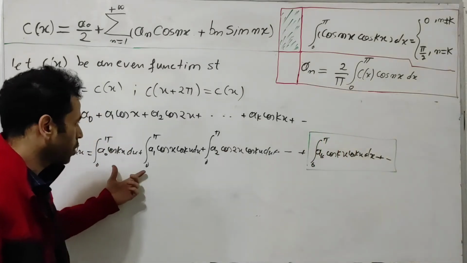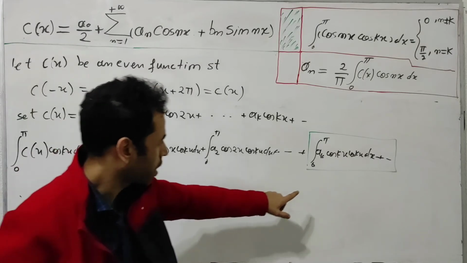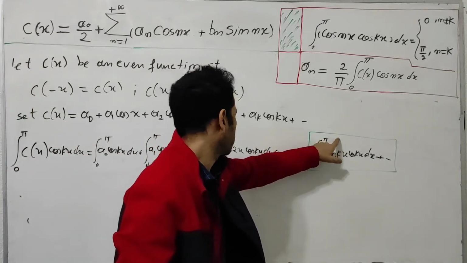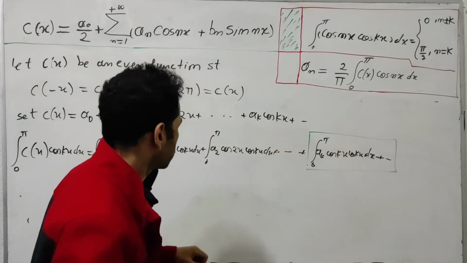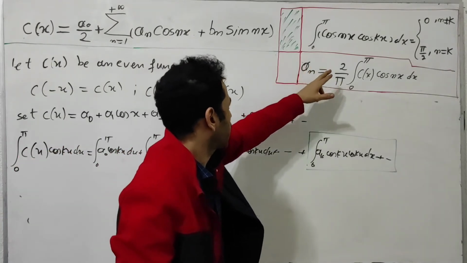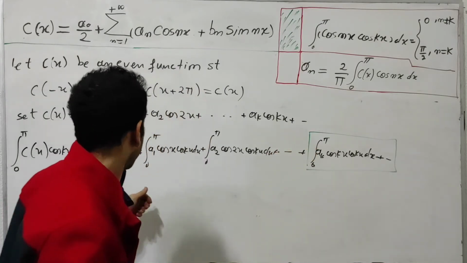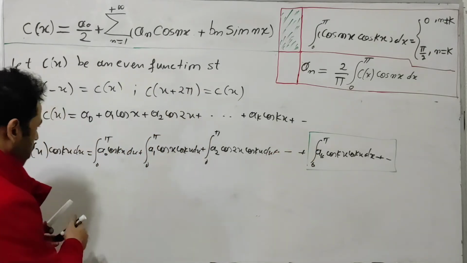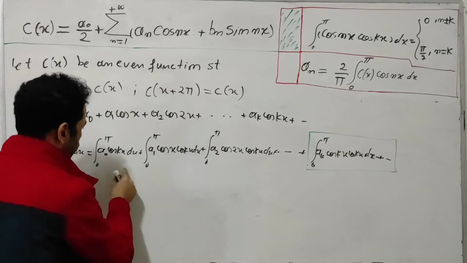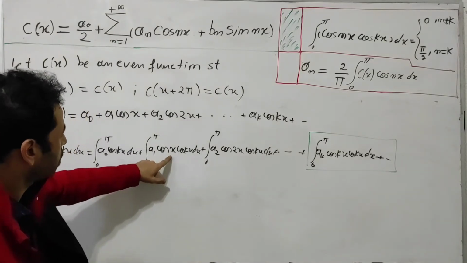If you take a look at each term, all terms are going to be 0 except the last term, which is highlighted with green. Because as we proved earlier, the integral of cosine nx multiplied by cosine kx equals 0 if n is different than k. If you take a look at all terms, you will see k is different than n.